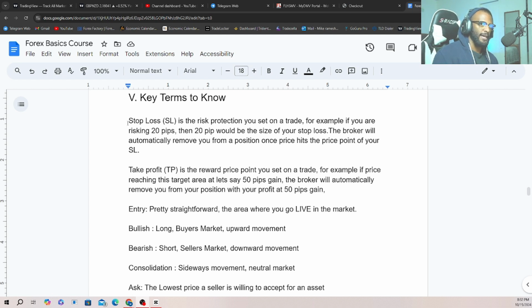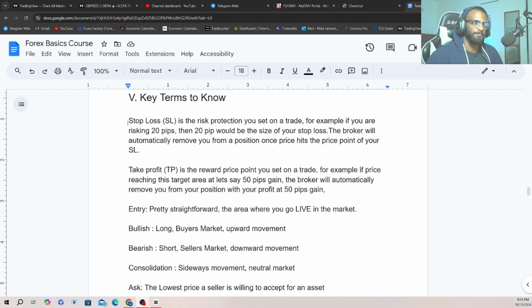Next, your take profit. Your take profit is the reward price point that you set on a trade. So literally the inverse of a stop loss. For example, if price reaches this target area at, let's say, 50 pips in profit and gain, the broker will automatically remove you from your position with your profit secured at 50 pips gain.